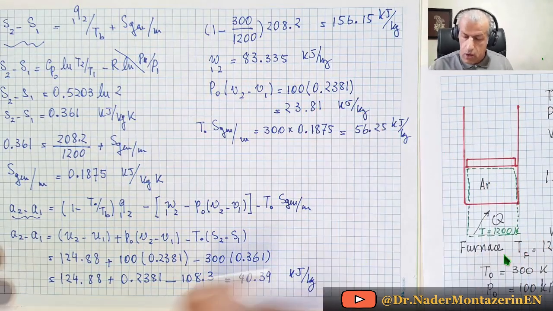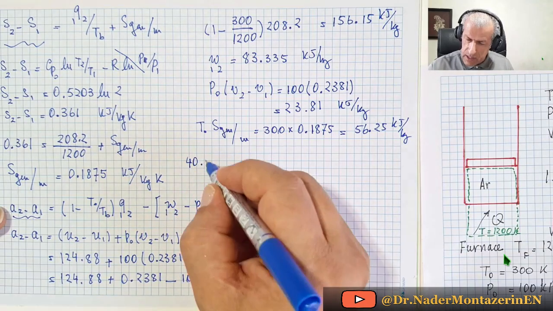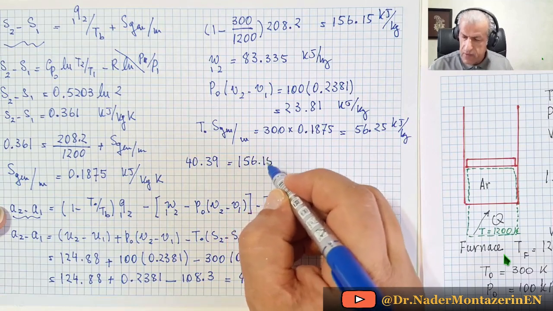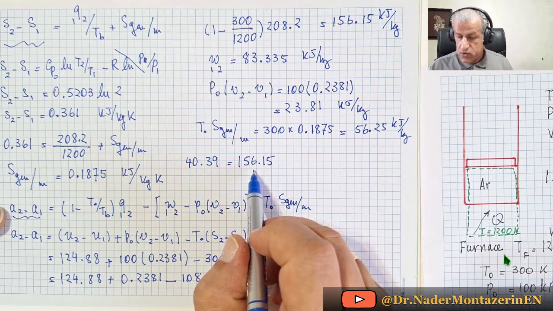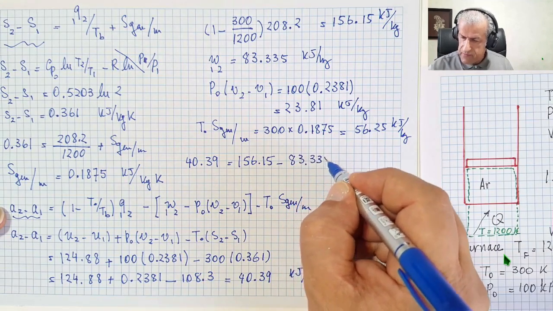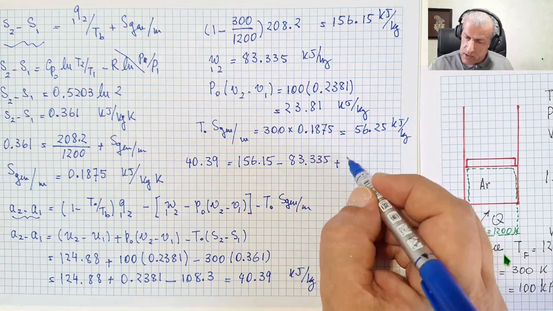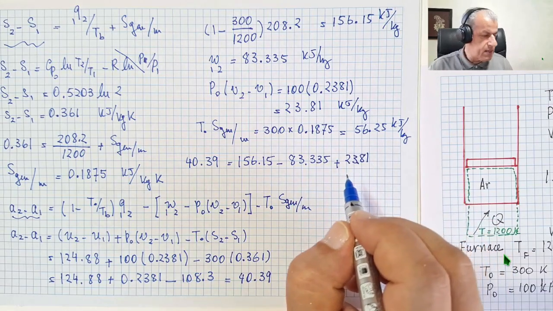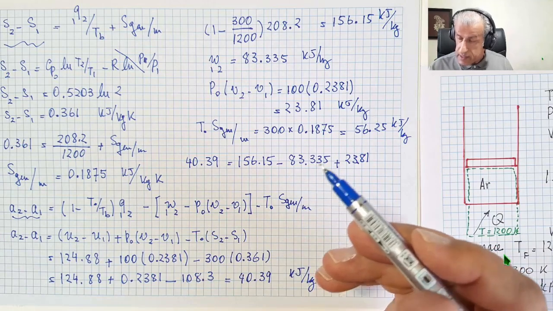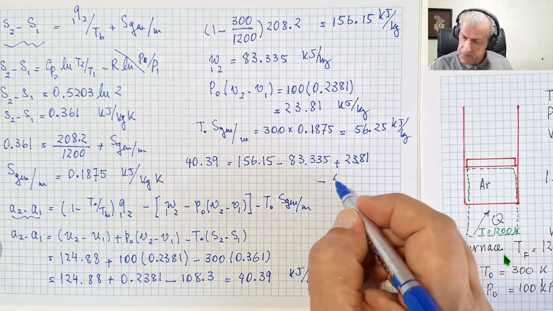Now, how do all these things balance? A2 minus A1, which is 40.39, should equal this term, 156.15, which is the availability transfer through heat transfer, minus 83.35, that's the availability lost due to work, plus this term, 23.81, that's the availability stored in the ambient, and minus T0 Sgen, which is 56.26.